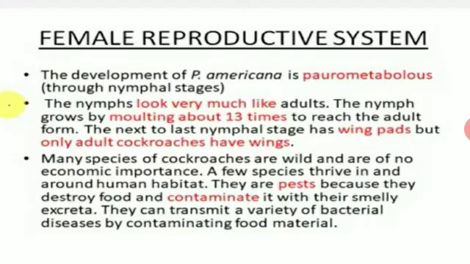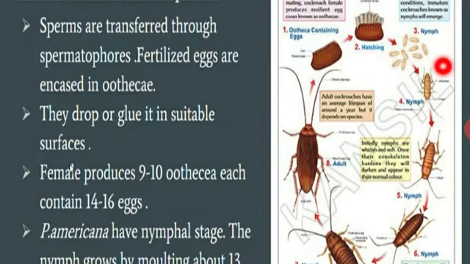The nymph undergoes several times of molting and becomes an adult. The nymph is very similar to the adult, but the size is smaller than the adult. The only difference between the nymph and adult is that after about 13 molts it becomes an adult.